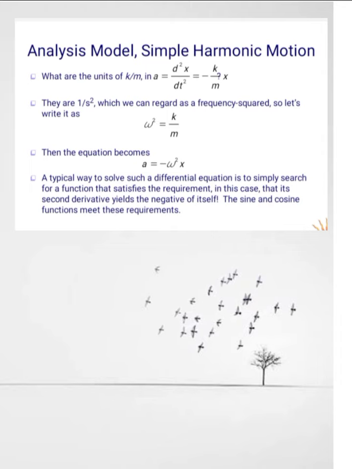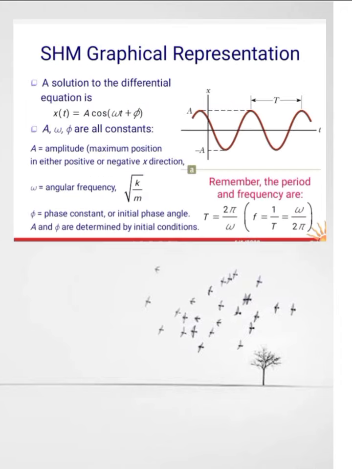The sine and cosine functions meet this requirement. A solution to the differential equation is x(t) equals A cos(ωt + ψ), where A, ω, and ψ are all constants.